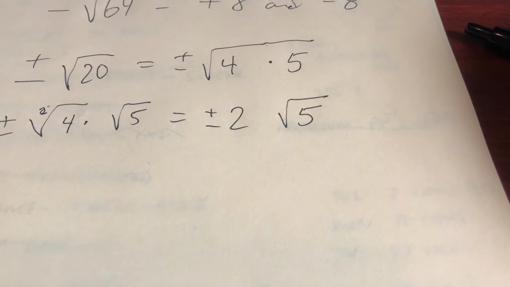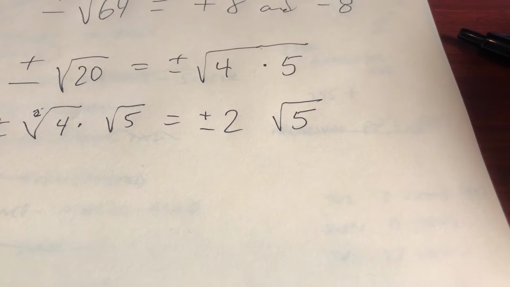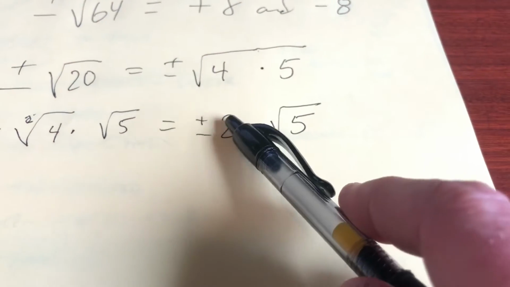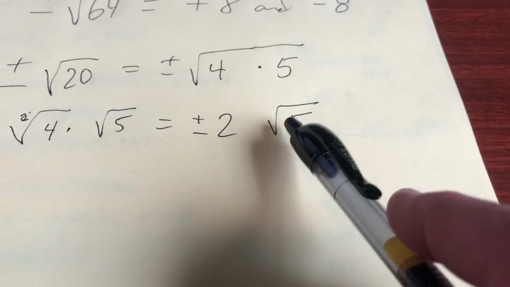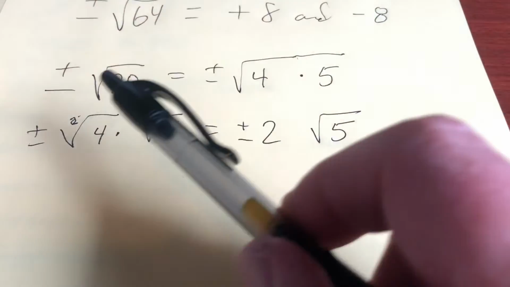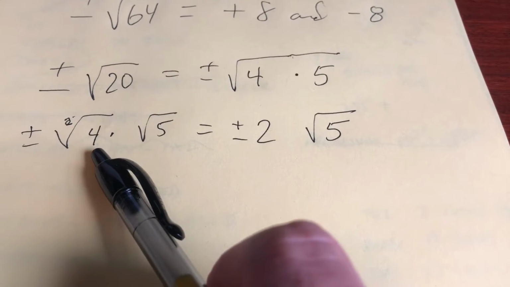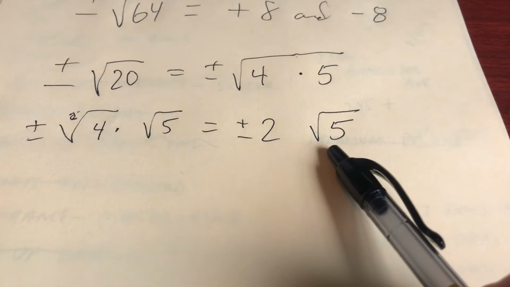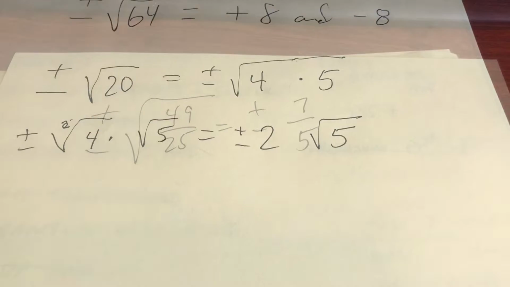Okay, and we end up with plus or minus 2 square root of 5. So you could say it that way, or you can say these are multiplied. Anyway, it comes from the square root of 4 being 2. 5 is a prime number. Okay, square root of 5.